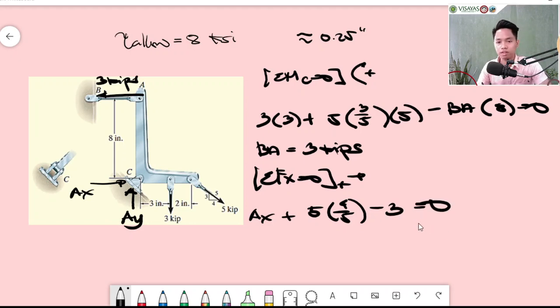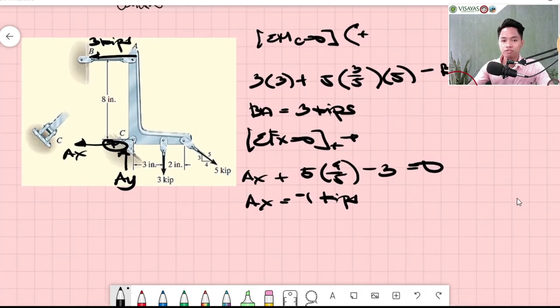So, we only have AX, which is equal to 3 minus 4, that is equal to -1. So, that is -1 kips.